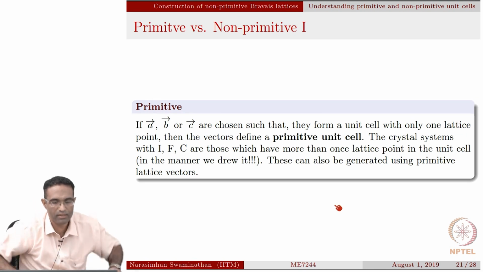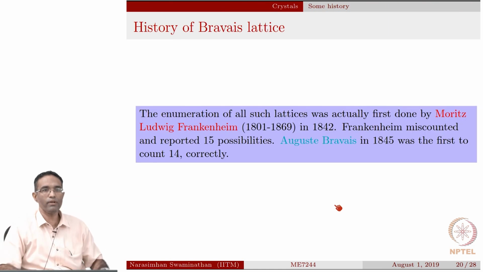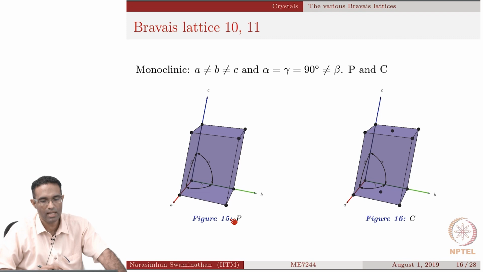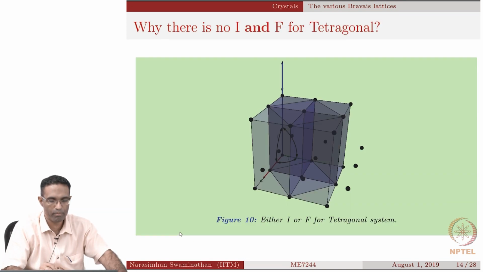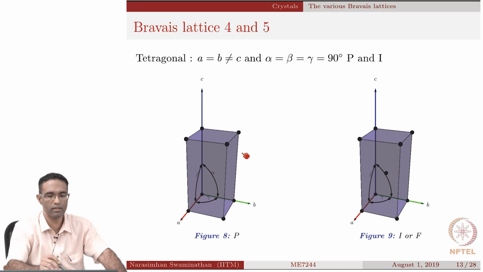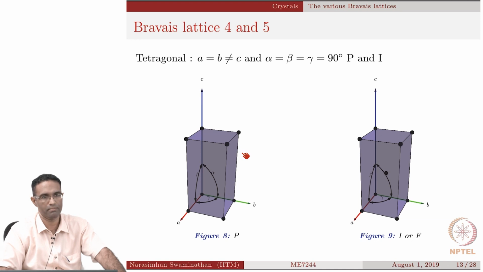Now, one of the things that we get into is the definition of a primitive lattice. You have been seeing these Bravais lattices, and several times you saw a P, right? What was unique about that P? What was unique about that unit cell? You have atoms only at the corners, right?